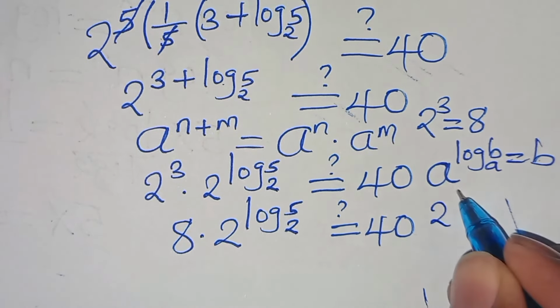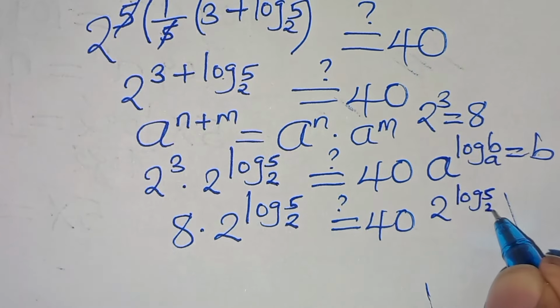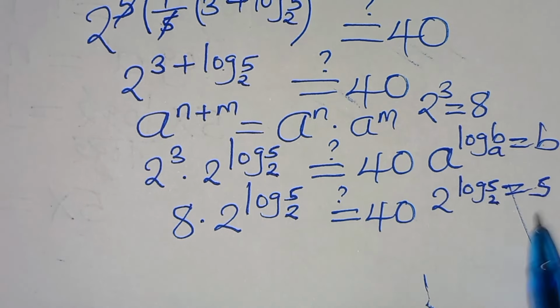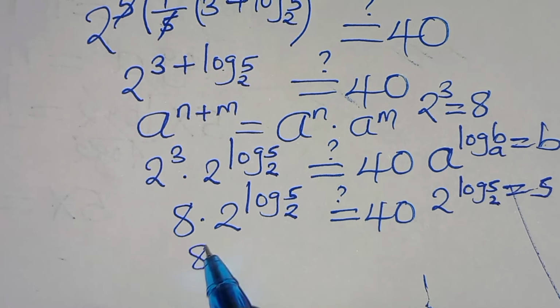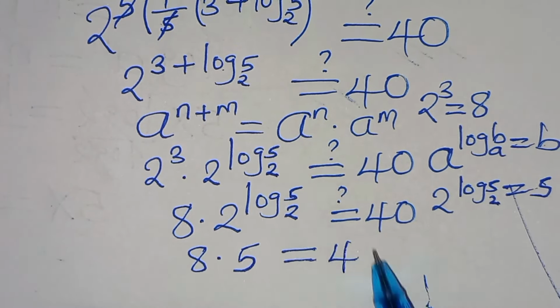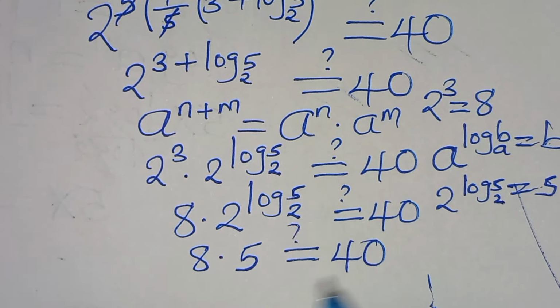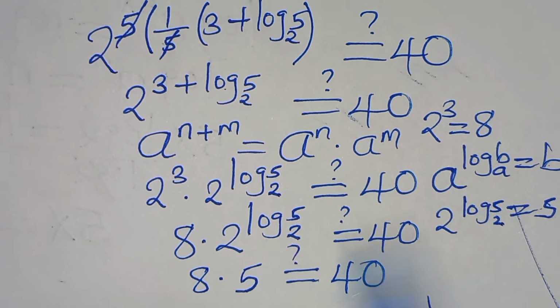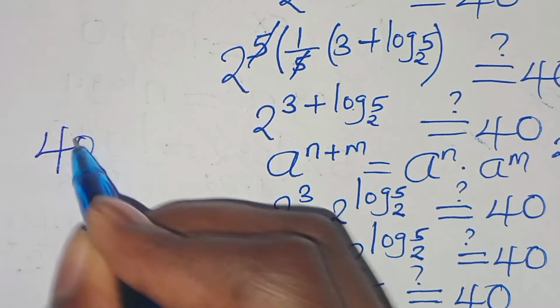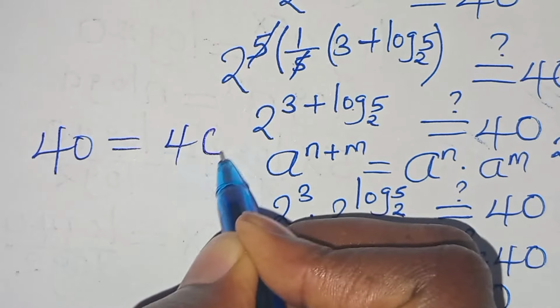So 2 to the power of log 5 to base 2 should give us a value of 5. So let's substitute 5 here. So we have 8 multiplied by 5. This is supposed to give us a value of 40. So 8 times 5 is equal to 40, and this is equal to 40.